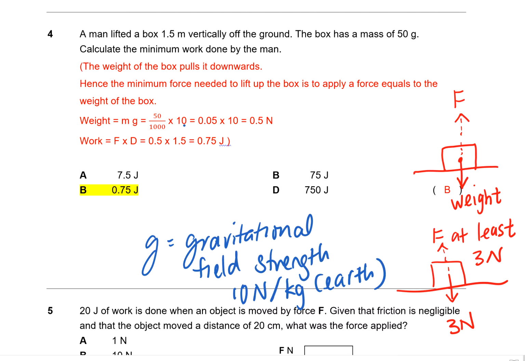So multiply by 10. Now you know the weight of the box is 0.5 newtons, which means the Earth is pulling it down with 0.5 newtons of gravitational force. So to lift it up, minimally, you need to apply 0.5 newtons. So 0.5 multiplied by the distance that the box is moved, and you get 0.75.